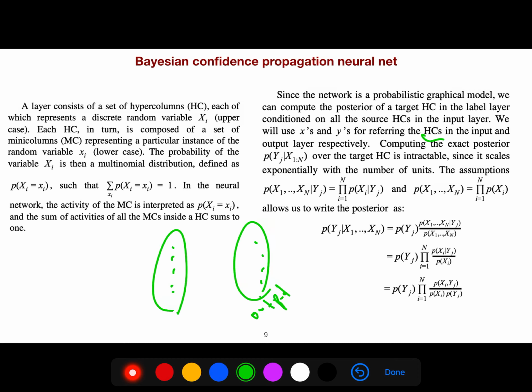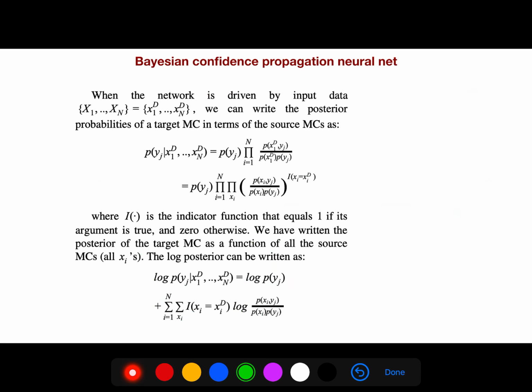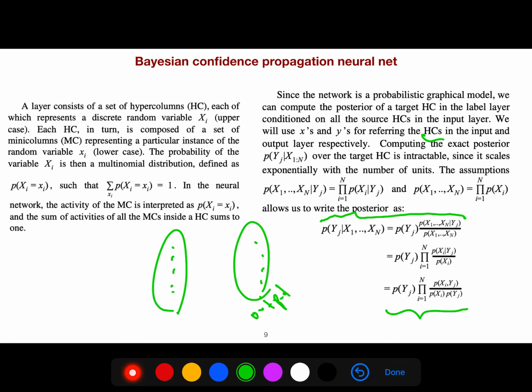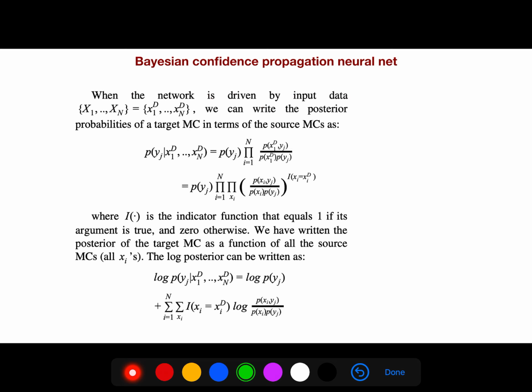So if you just write this probability, it's a simple rule that you can write. And when the network is driven by input data, we can write the posterior probability like this. The posterior probability of target mini-columns in terms of source mini-columns.